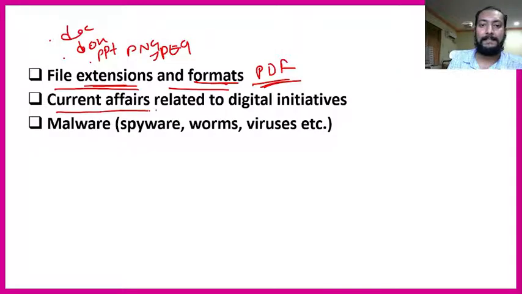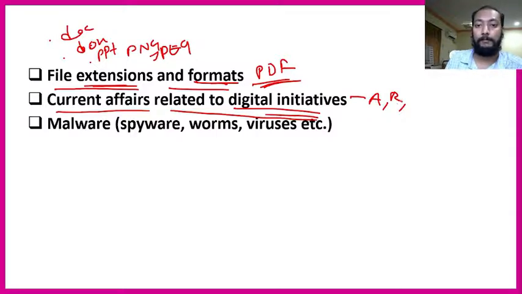Then current affairs related to digital initiatives, that I told you, will be there. What are the things currently done by your government or any other Indian government, how they digitalize. Like, you know, now our Prime Minister Narendra Modi started Digital India. How we should go digital: Aadhaar card started, ration card, everything started in this digital medium only. So these are the things that will be very helpful. Now questions are asked here related to your higher study.